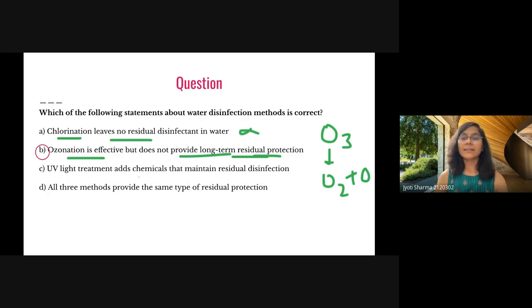UV light treatment adds chemicals? No, UV light treatment doesn't add chemicals. So this is again the wrong statement. And do the three methods provide the same type of residual protection? No, because chlorination gives you residual protection, but ozonation and UV light treatment don't provide residual disinfectant, right? So that's how B is the right answer.